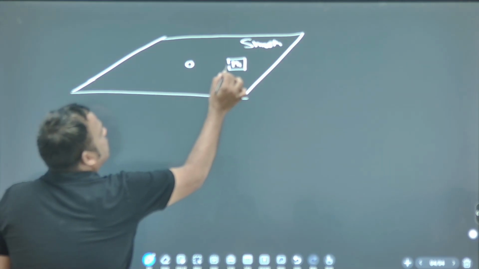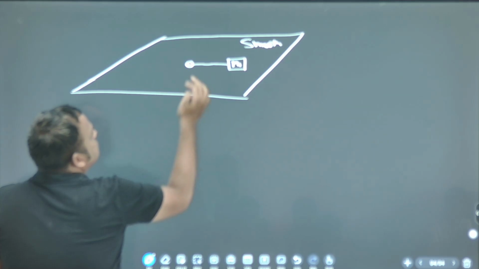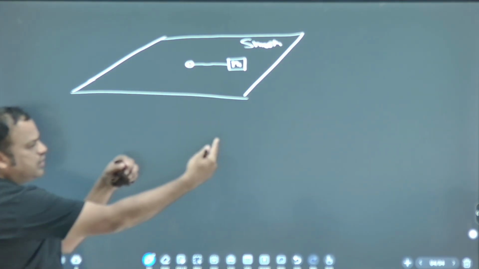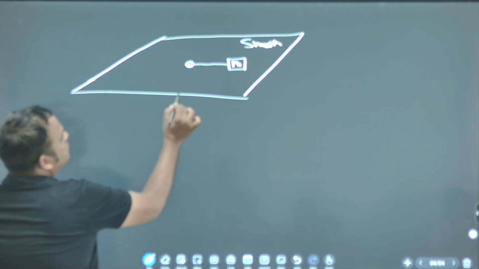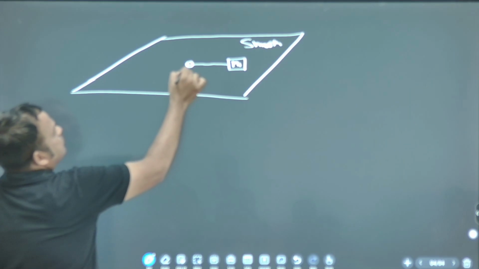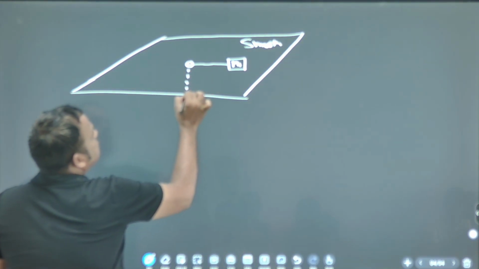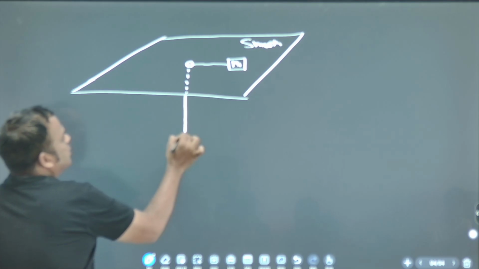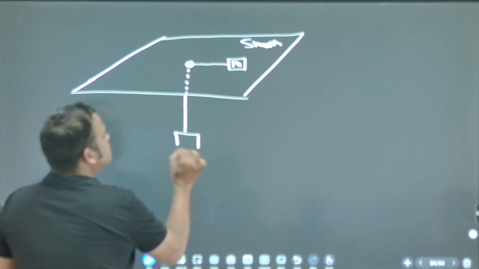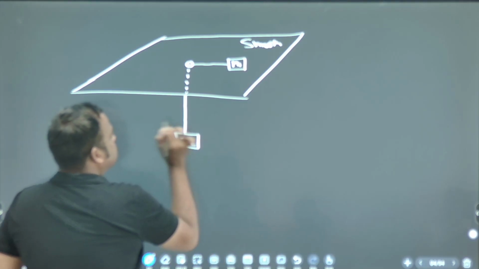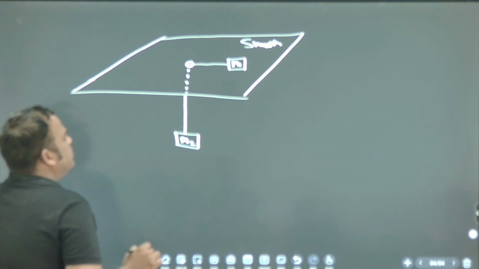One string is connecting m1 and passing through the hole. Now it is coming down here through the hole. And another block of mass m2 is hanging.